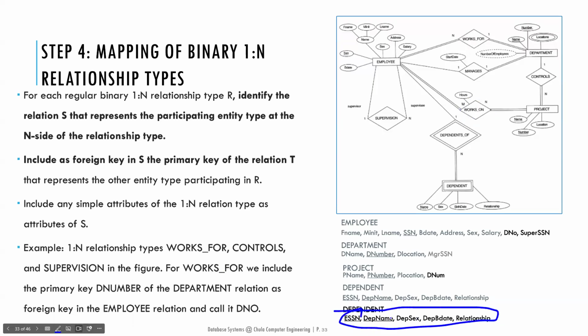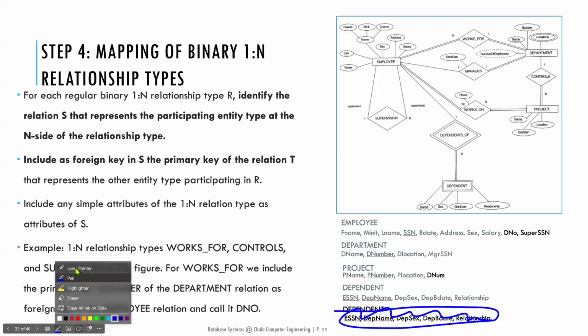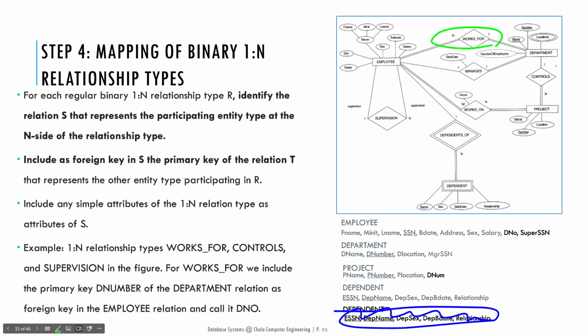Discard this first. This is an extra one. Okay, now. Okay, let's take a look at 1 to n. So 1 to n relationship I have works for, I have controls, and I have supervision, right? Okay, let's take a look.